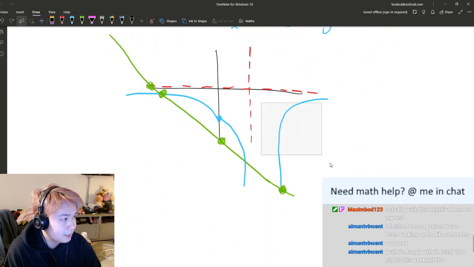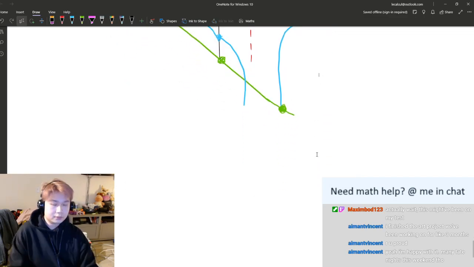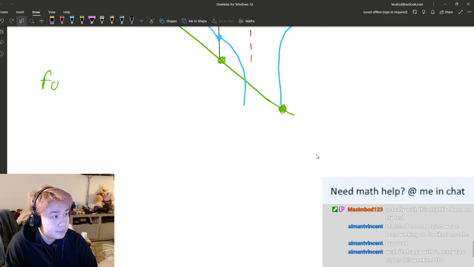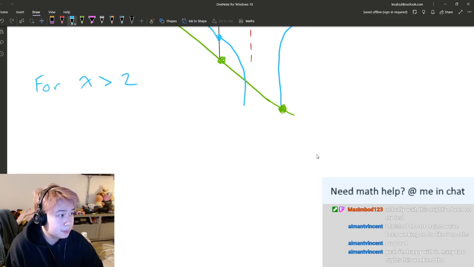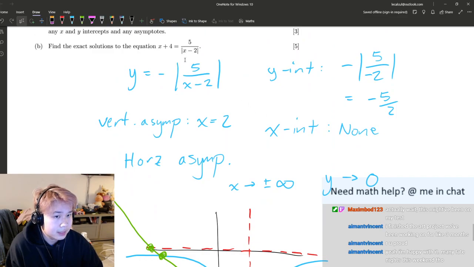And that's easy to see because on the graph it gets split into 2 sections like this. So let's start with the easier one. If x is larger than 2, then this fraction will always be positive, so the absolute value brackets don't actually do anything.